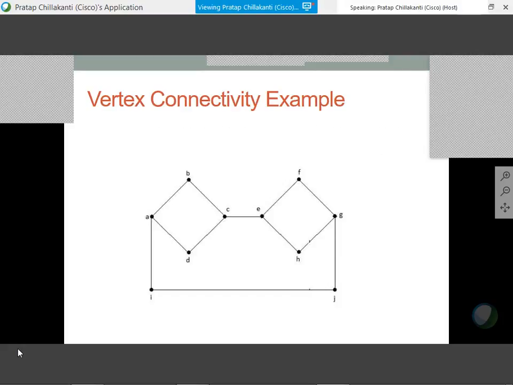Okay, C and E. By removing C and E, what would be the graph? You get ABD. I can still go to ABD. From A, I can still go to I, J, G, F, H. So I'm still able to traverse the rest of the graph, right? Does it mean it is still connected or not?